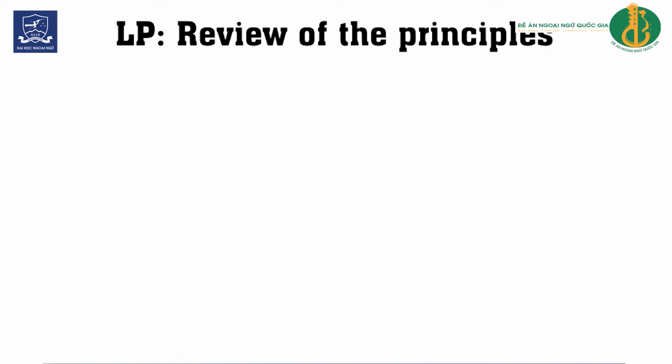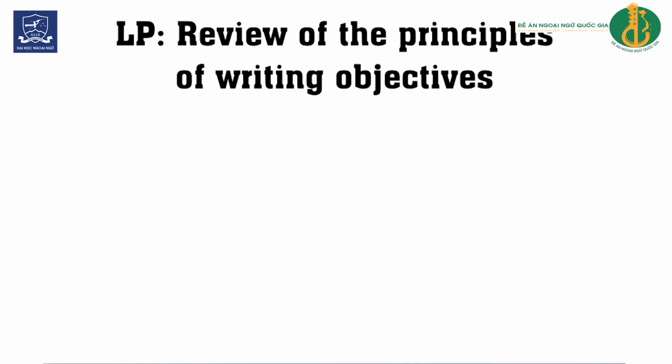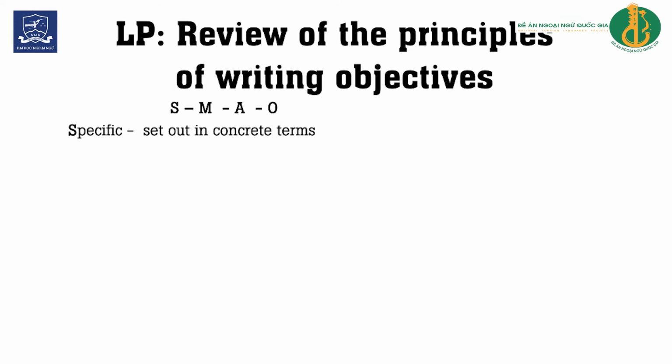Now, we'll spend a few minutes to revise the SMART objectives. Tell me the 4 principles you learned in Module 3 as the key principles to set objectives. I hope you still remember the key letters S, M, A, O. S: Specific, set in concrete terms.